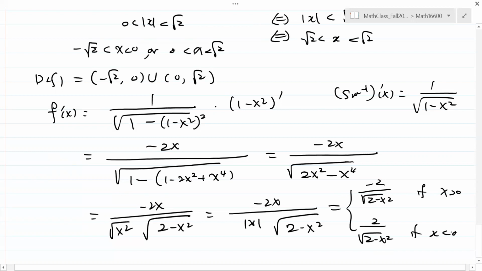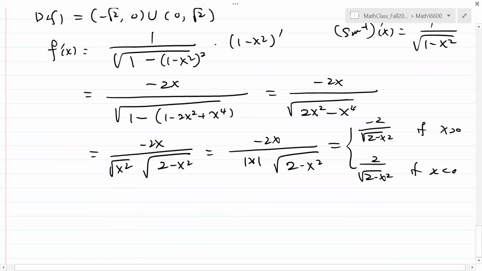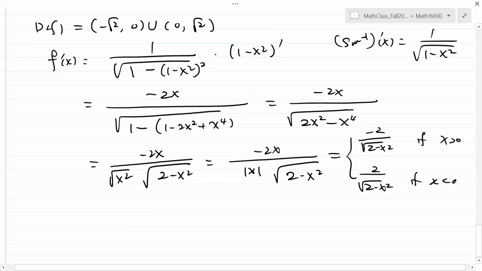Okay, so x cannot be 0, clearly. There are 2 intervals here for the domain. In each interval, you get an expression for the derivative. So the domain of the derivative, I think, is still the same as the domain of the original function.